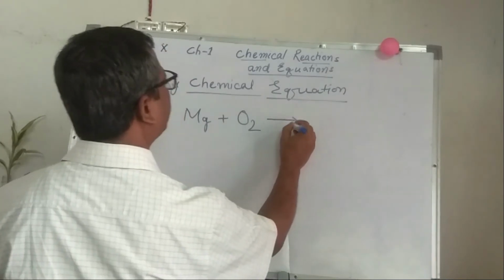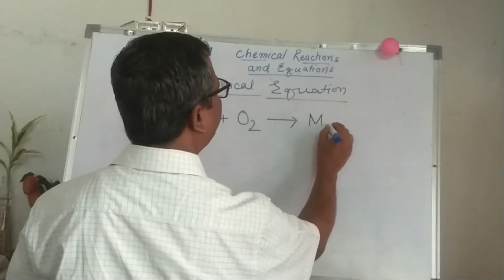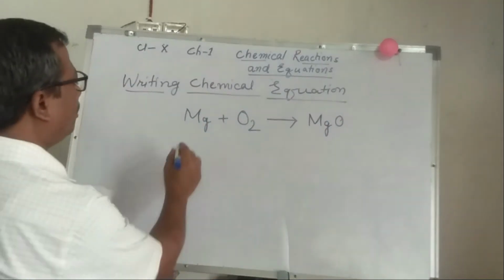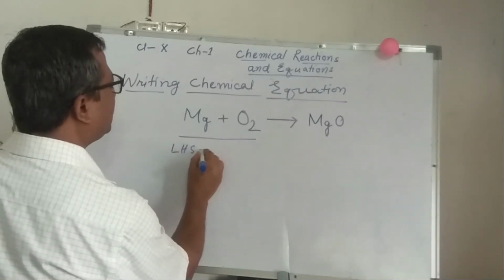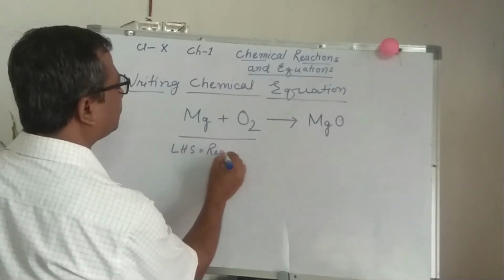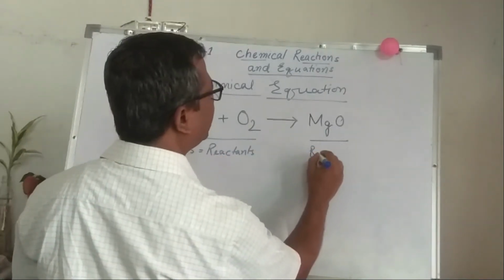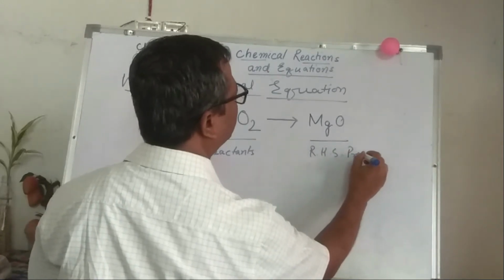When they react, it gives a product called magnesium oxide. Here on the left hand side, these are the reactants, and on the right hand side it is the product.